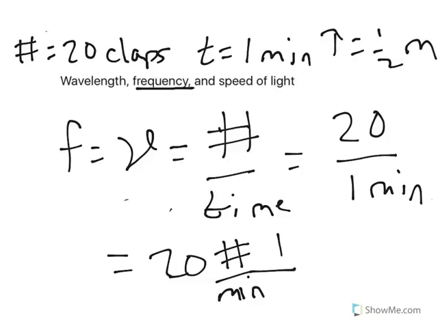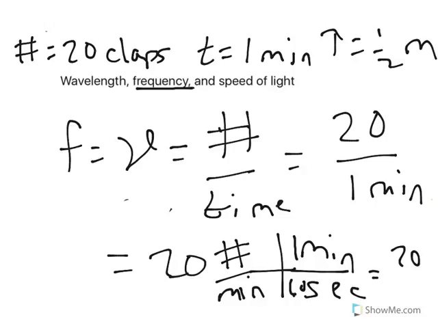Now let's do a conversion. Usually we convert from minutes into seconds. So we make our railroad track, we put minutes on the top and seconds on the bottom, and we do our conversion. In 1 minute, there are 60 seconds. So if we divide this out, we're going to get 20 over 60 seconds.